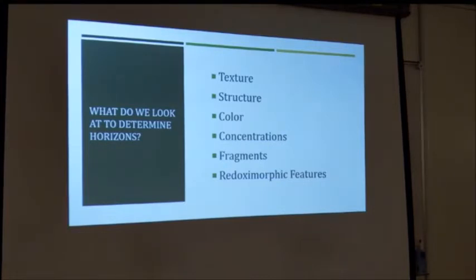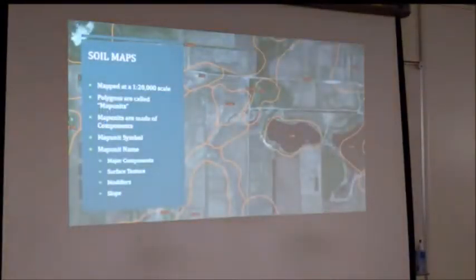But why are we talking about how to identify soils? We have soil scientists back in the day that mapped out our soils all across the United States, and they created these maps that have polygons, these little shapes.